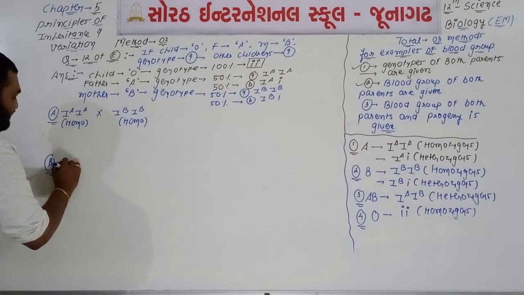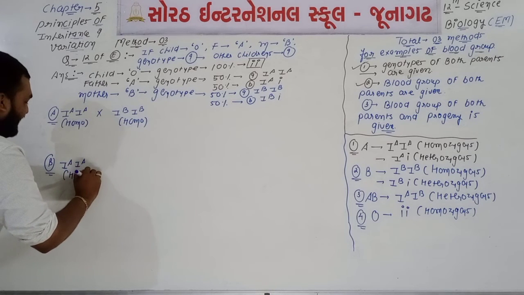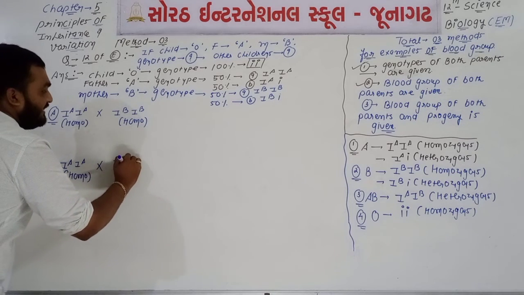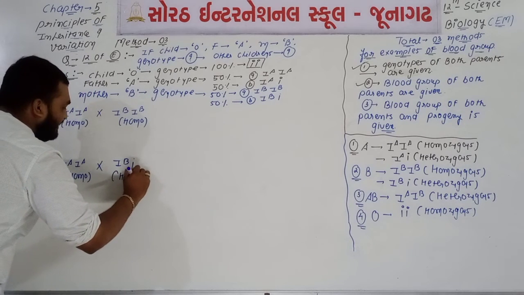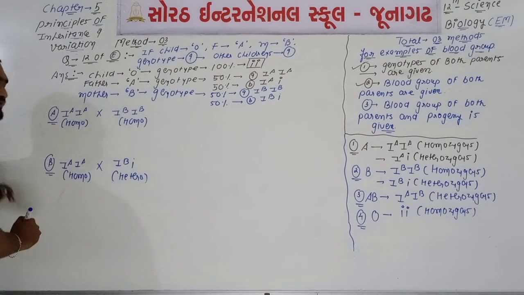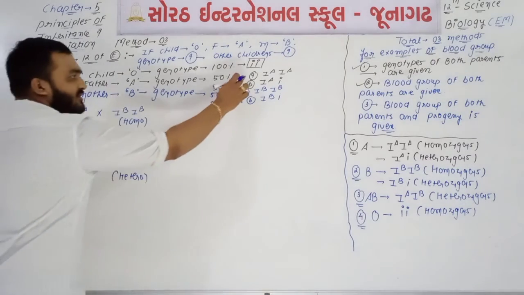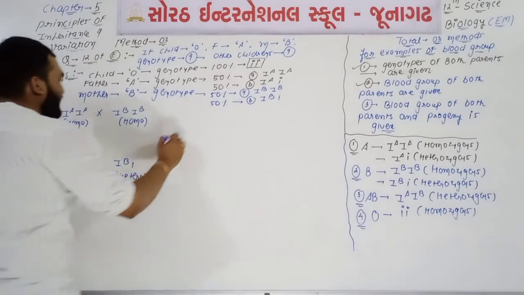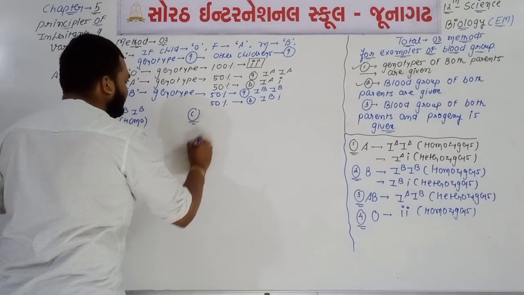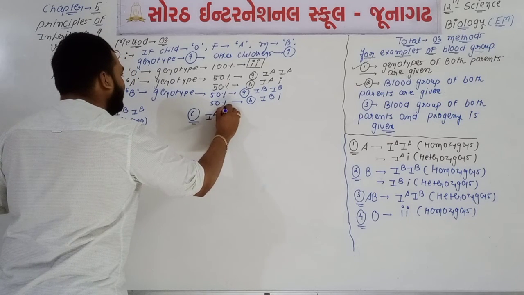Second option: father has the same homozygous genotype IA IA and mother has IB small i, the heterozygous genotype. Now option C: IA and small i.